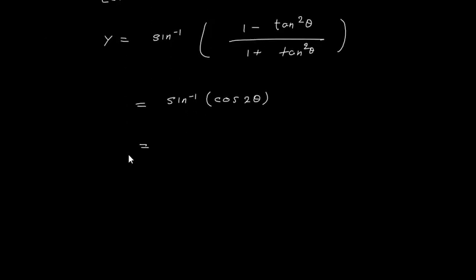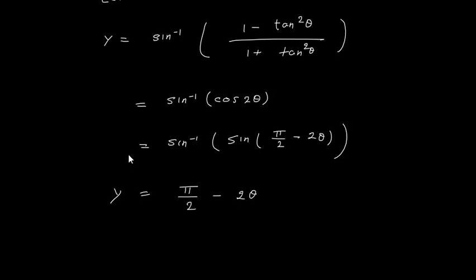Now this cos 2 theta I will write as sine of pi by 2 minus 2 theta, since cos 2 theta is sine of 90 minus 2 theta. Now the sine inverse and sine will cancel, and my result is pi by 2 minus 2 theta.